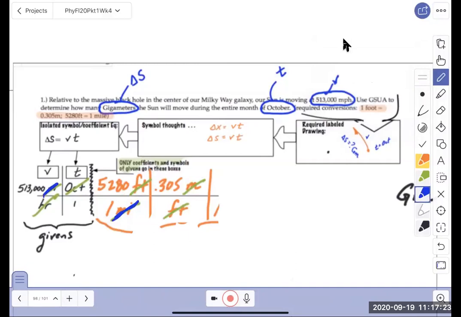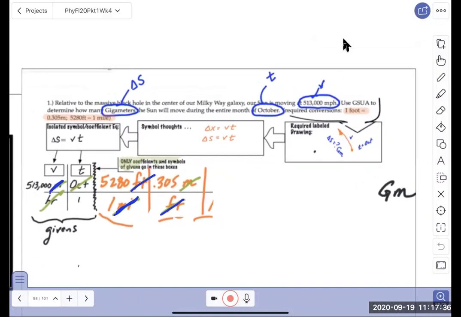We killed the feet. The blue is like the running current total. The green is like the carnage that already happened. All right, so we keep going.